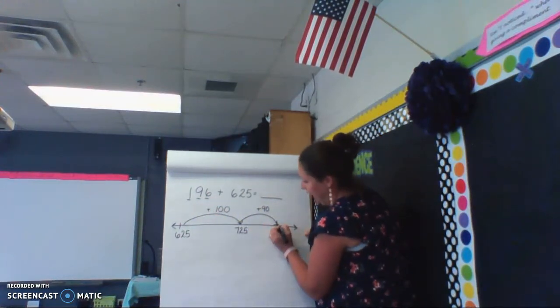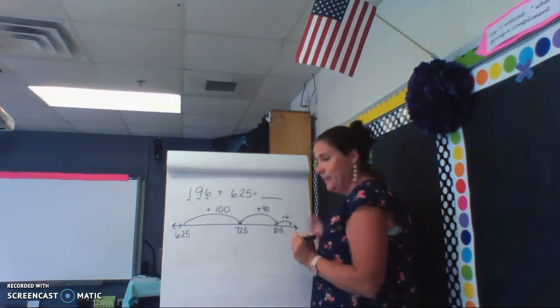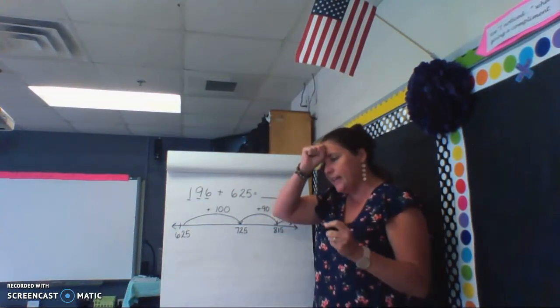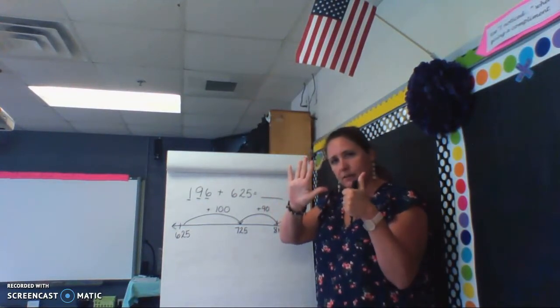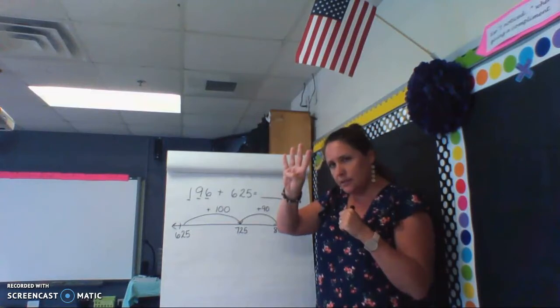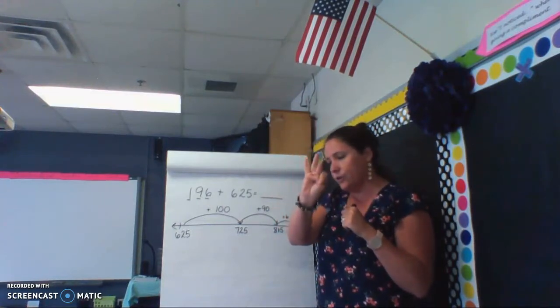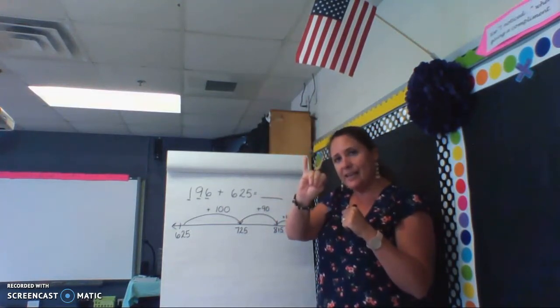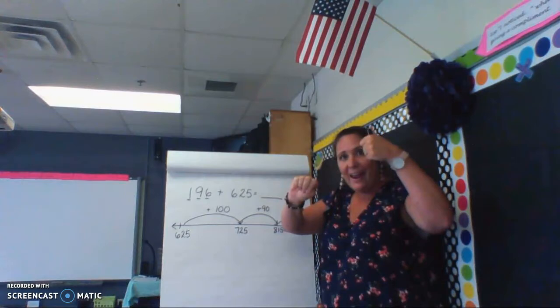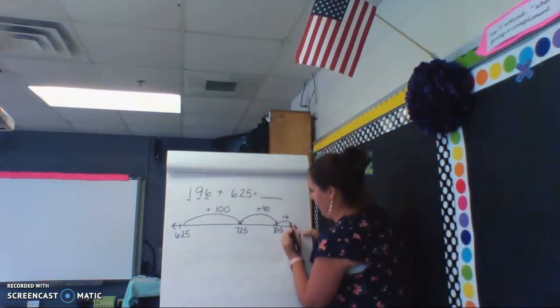Now we can't forget about our 6 ones. So now we're going to say 815 plus 6. So we think in our head 815 plus 6. 816, 817, 818, 819, 820, and 821.